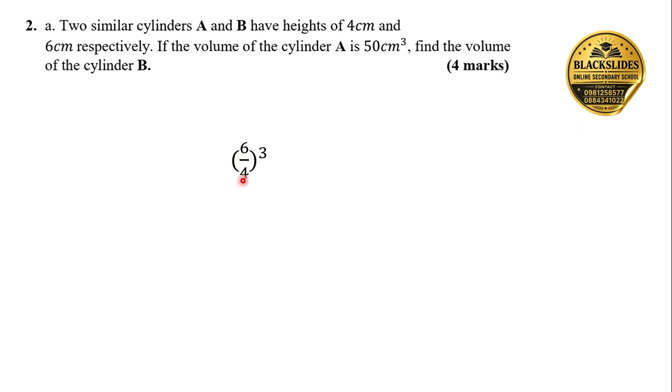So taking the ratio of 6 to 4 will give us 1.5 raised to power 3. So the volume of cylinder B is simply going to be the volume of A multiplied by this factor. This factor is called the scale factor.